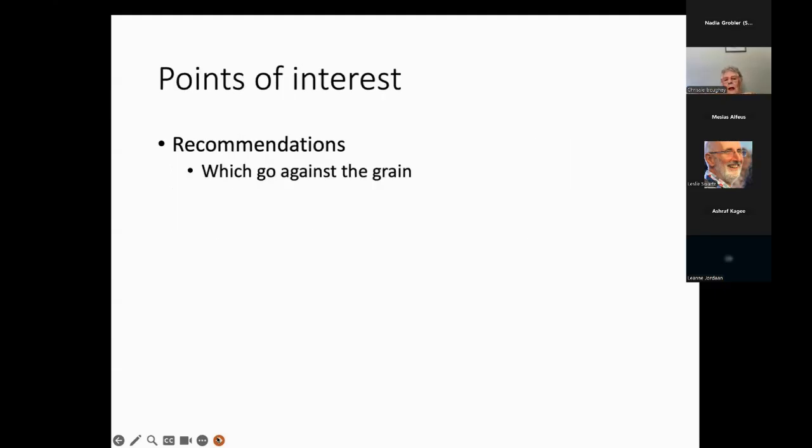The same would apply to recommendations. A lot of recommendations, if you've got a thesis that does indeed offer recommendations, and remember, theses don't have to make recommendations. For me, what would be a point of recommendation would be one that goes against the grain, which is contrary to sort of common sense. That would be an interesting thing to write about.